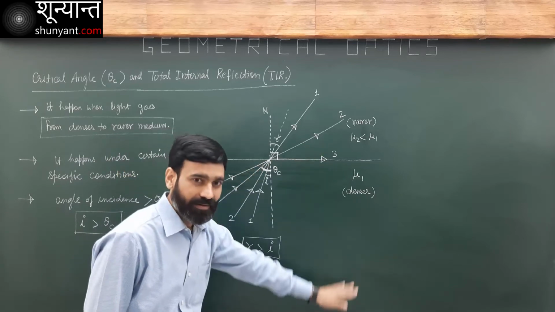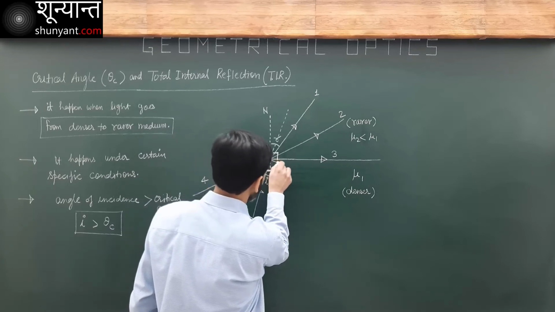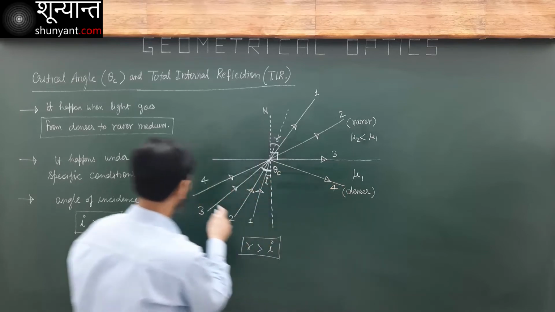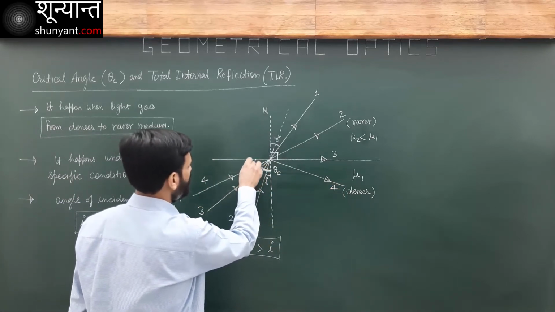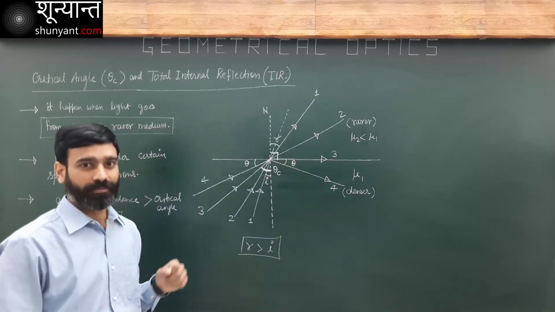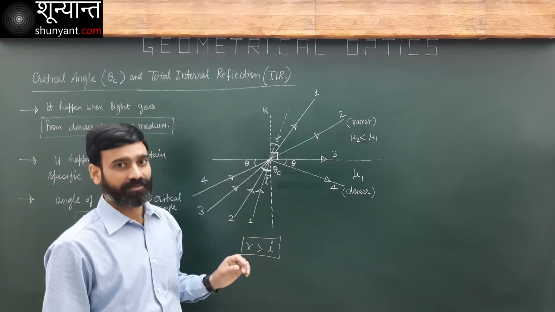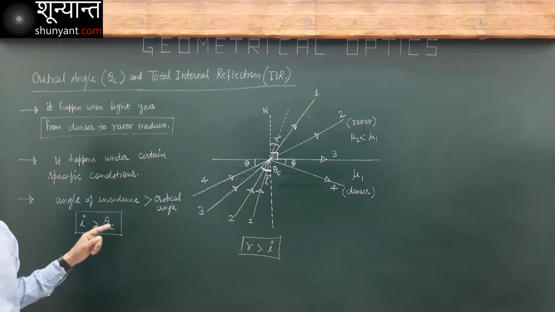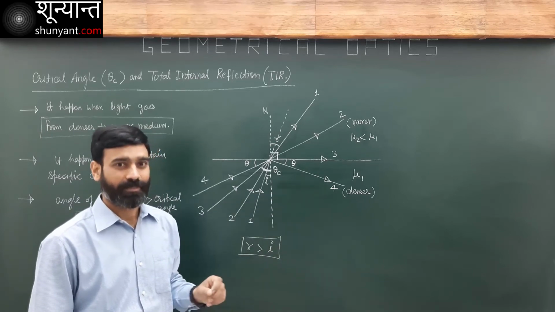It will come back in the same medium, and then it will start following laws of reflection. It will not follow Snell's law. This is known as total internal reflection.